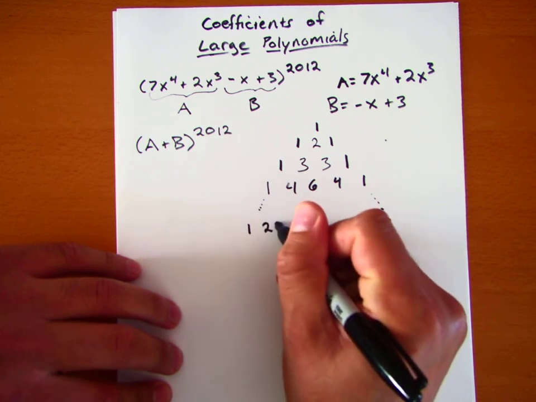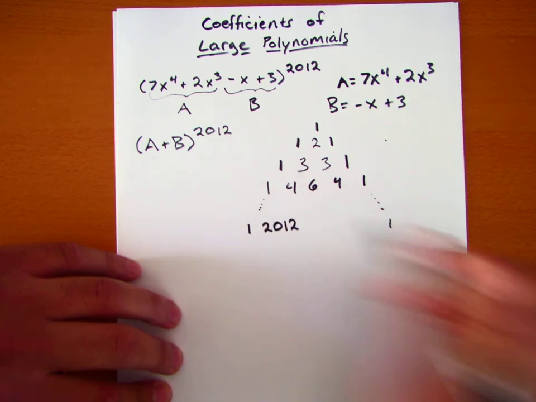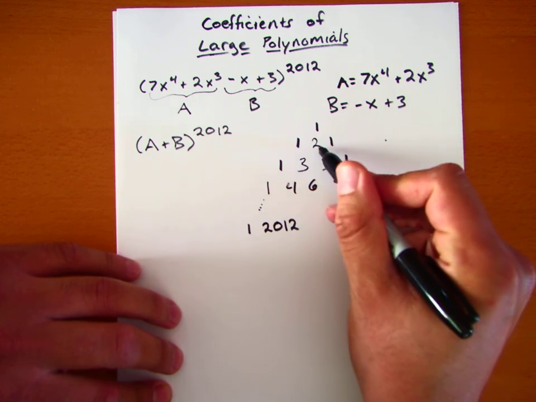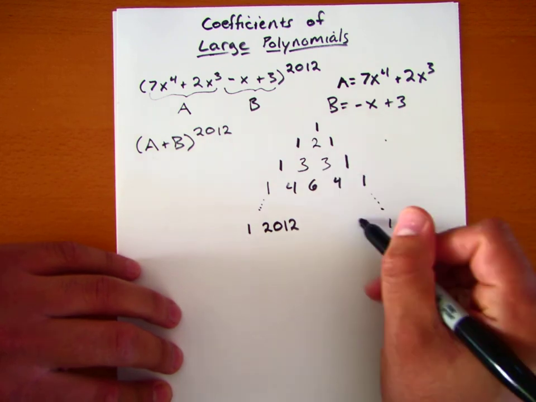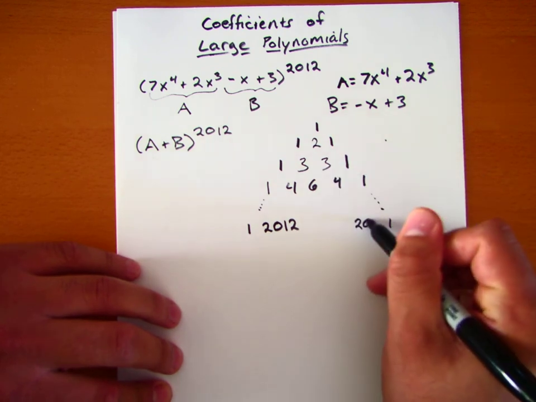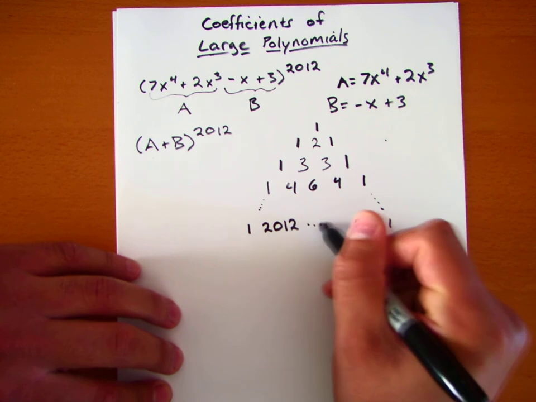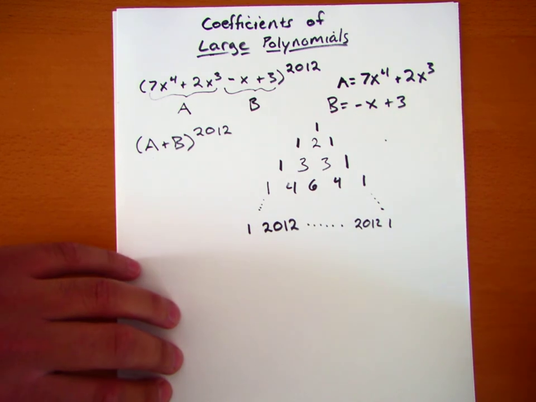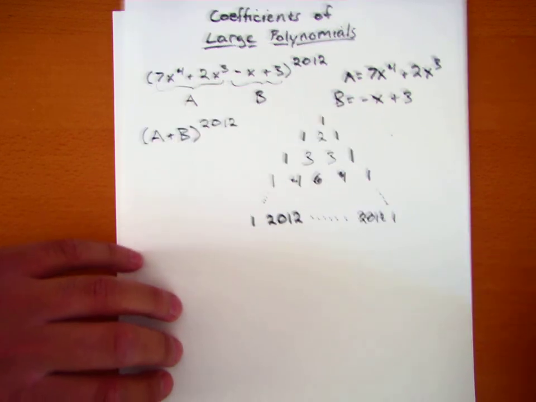that these numbers here count up 2, 3, 4, 5, and down on the 2012th level, this second coefficient would be 2012. And we know the same thing over here: the second to last coefficient is going to be 2012. And the stuff in here, we don't really know, and we're not going to really care, and you'll see why.